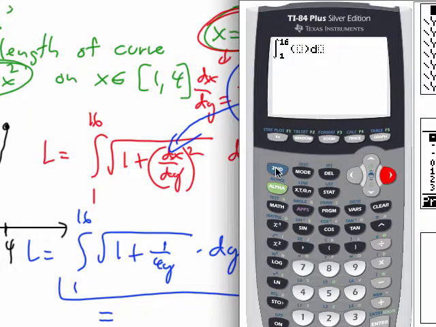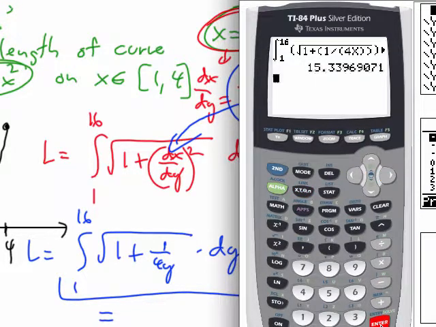And as I type this in, I'm typing it in using x, but I'm thinking of my x as y. y is really my independent variable here. 1 plus 1 divided by 4y. Just watch your brackets here so that things turn out properly with respect to y. And as you see, we come out with the same answer.